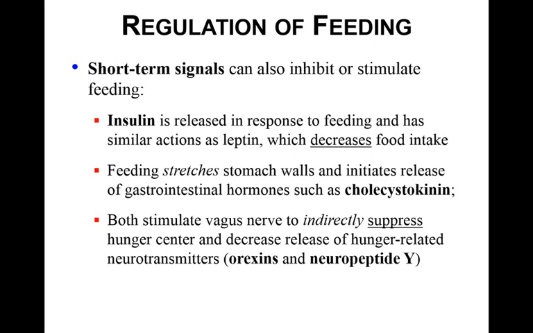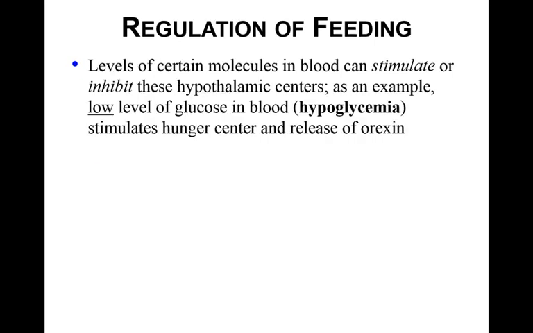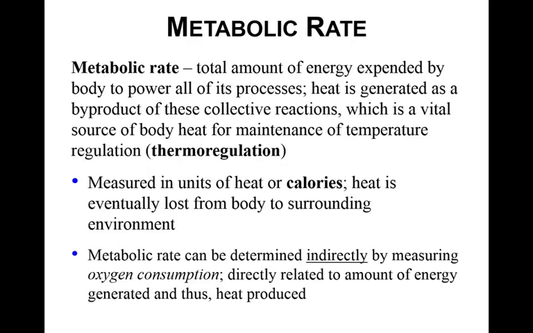They also are going to decrease the release of your neurotransmitters that are related to hunger, the orexin and your neuropeptide Y. So both of these are going to decrease hunger and decrease your food intake. Levels of certain things in the blood can stimulate or inhibit those centers. Hypoglycemia, a low level of glucose in the blood, obviously is going to stimulate that hunger center.